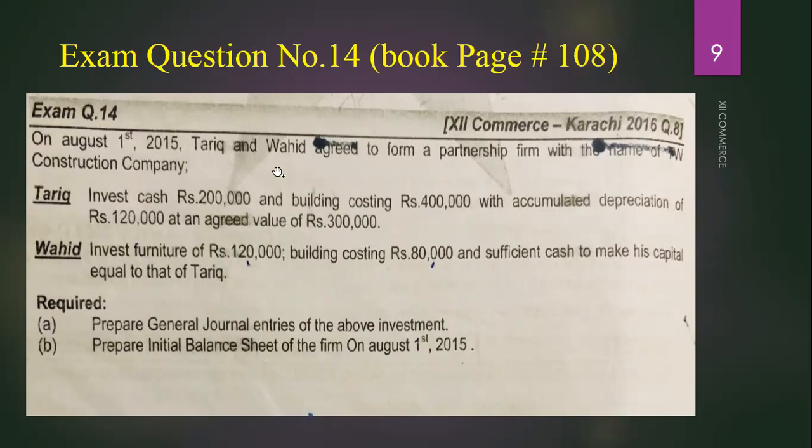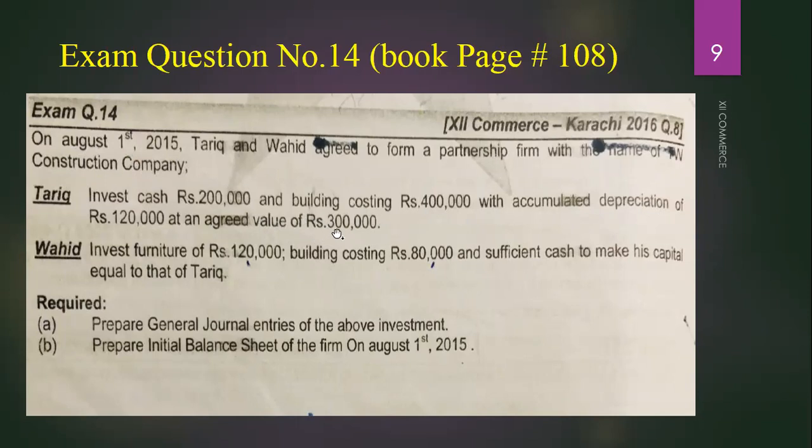As I told you, when you are starting the question, you must underline the name of the firm and the amount of the capital they have invested. Here we have the data for Mr. Tariq. Invest cash 200,000, building cost 400,000 with accumulated depreciation of 120 and an agreed value 300,000.